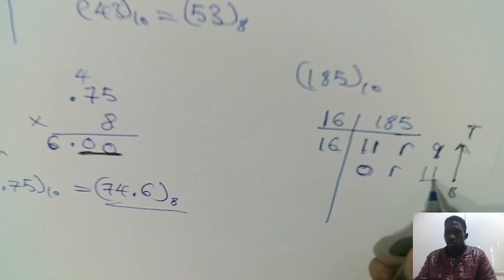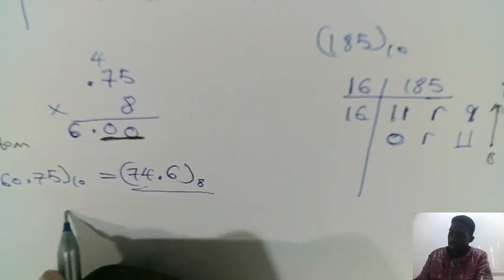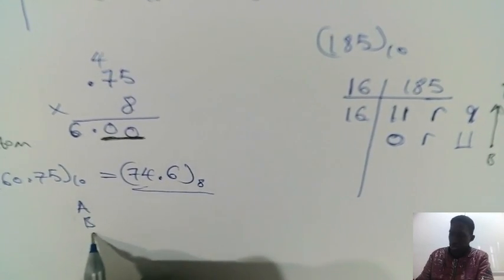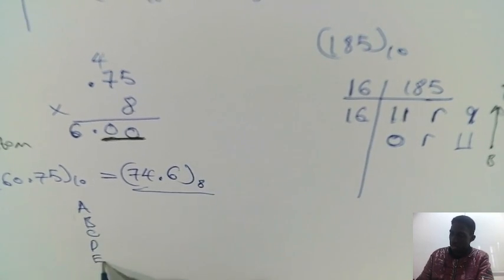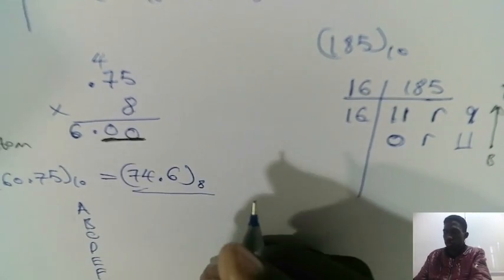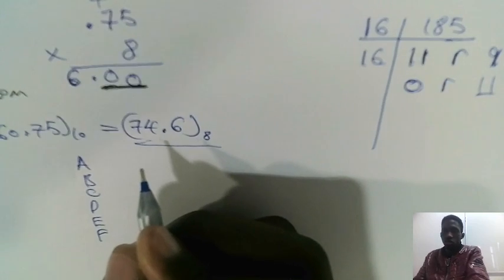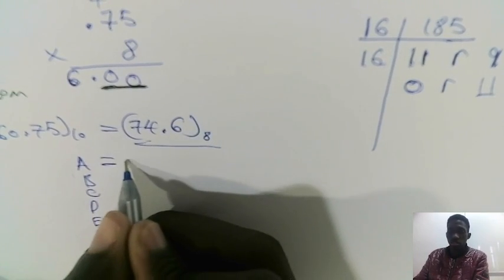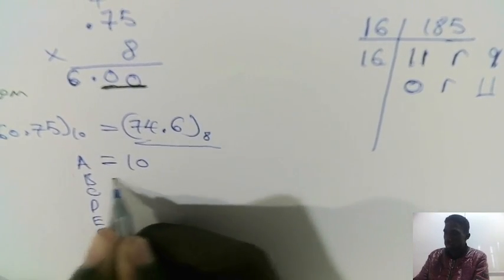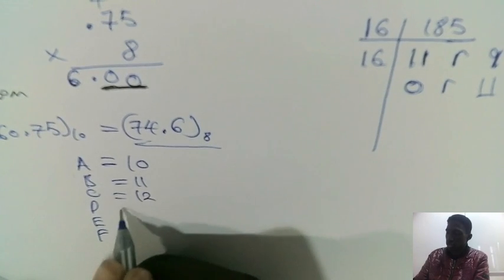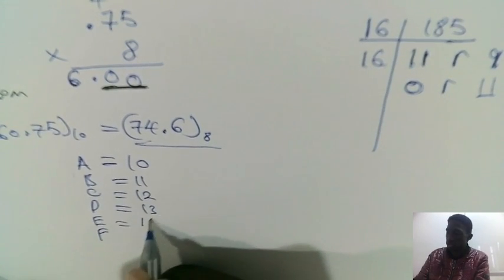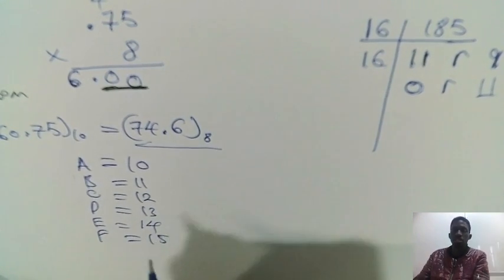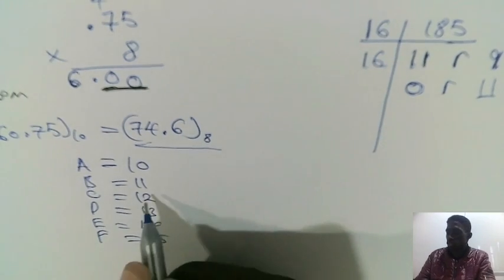Now, this 11 has to be converted to a letter. Remember what we said: A, B, C, D, E, and F. We assigned numbers to these letters, 10, 11, 12, 13, 14, 15. In our previous video, we assigned numbers to them.